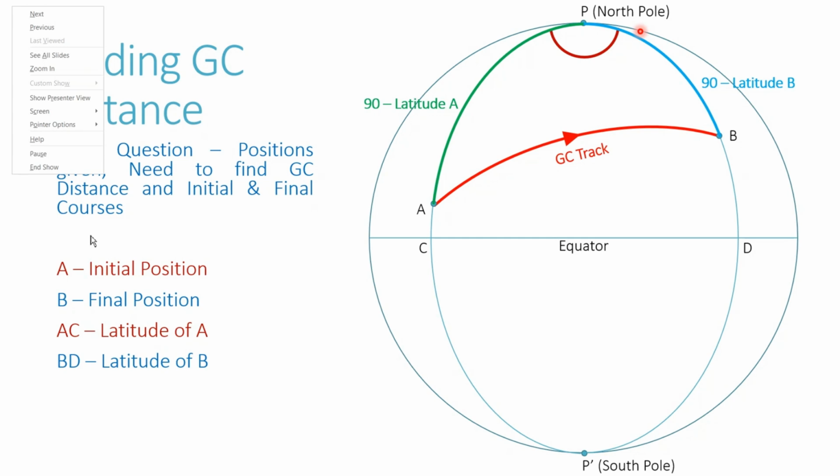It is something similar to a Mercator chart. On a Mercator chart, always on the right hand side you have the easterly direction. Okay, sir. Okay beta, is it clear?